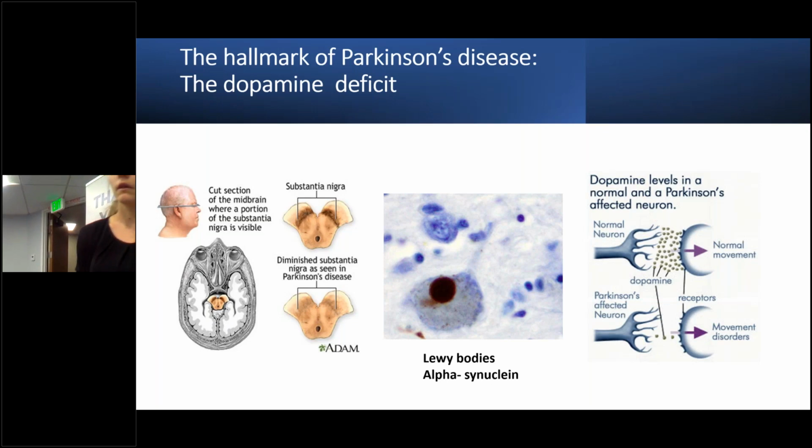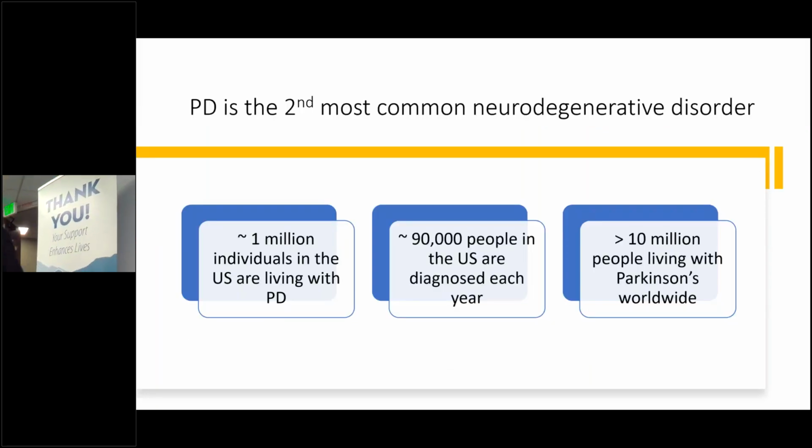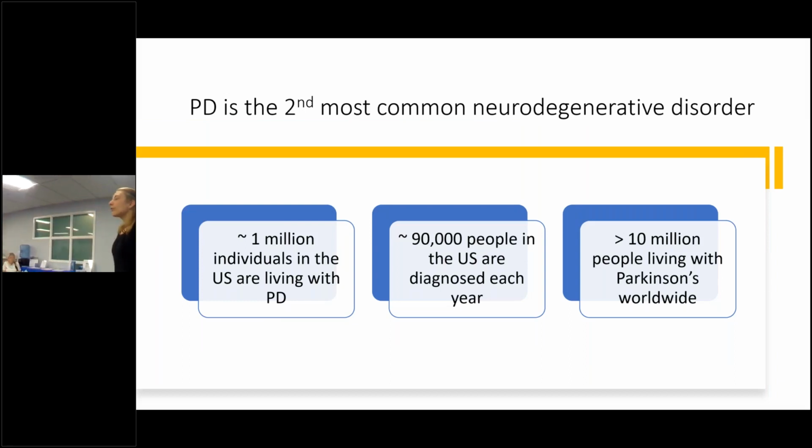Does that make sense? They're learning a lot more about it, and now some of our research is dedicated to antibodies against alpha-synuclein. The thought is, if you could lessen that, can you help modify disease course or even halt progression?